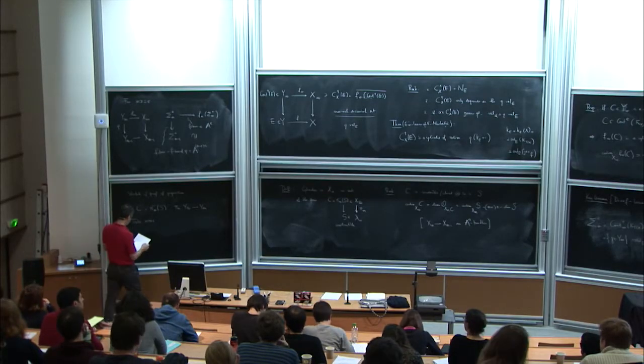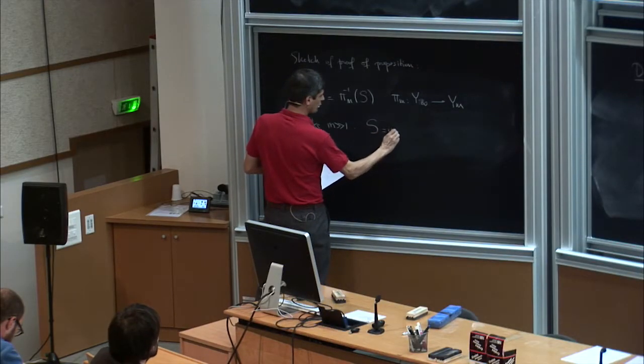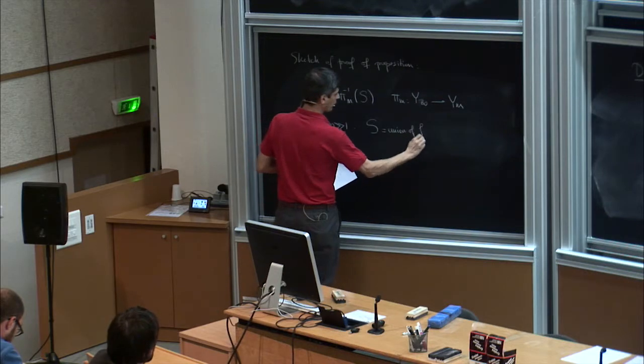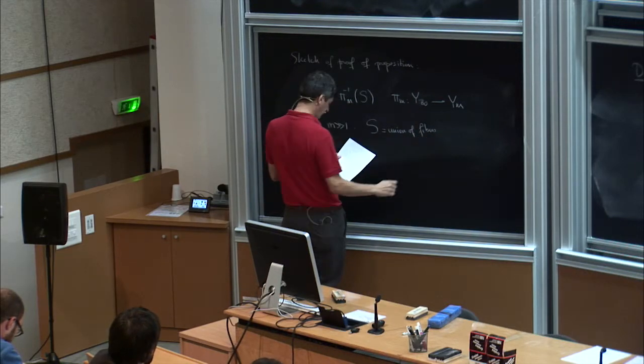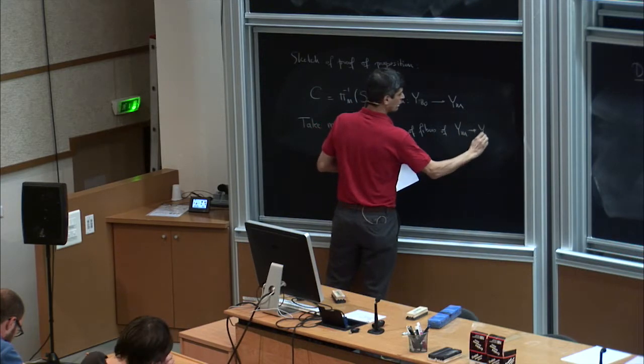So if I do that, then what I can assume is that S is a union of fibers of the map from Y_m to Y_{m-e}.